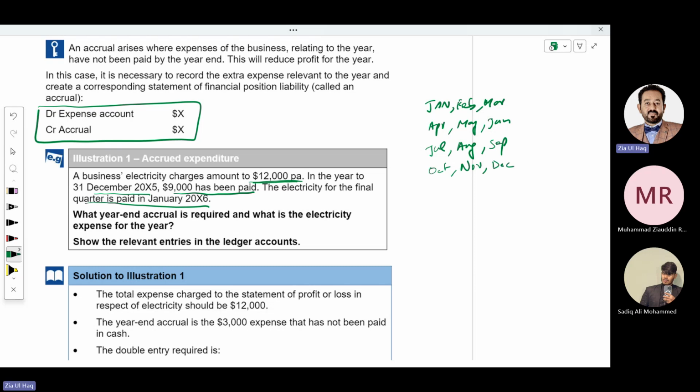So the electricity bill for the final quarter is paid in January. This means for each of the first three quarters you have paid 3,000, meaning 9,000 you have paid. And for the last quarter, 3,000 you are going to pay in future. So this will be called accrual. So what could be the accounting entry? Debit, electricity expense.